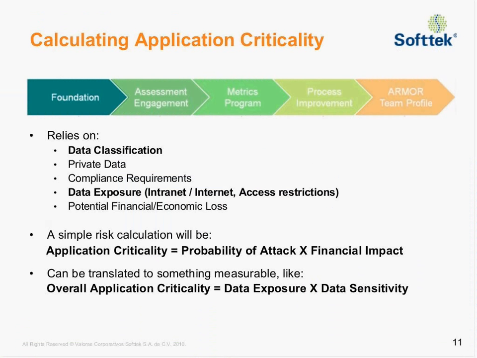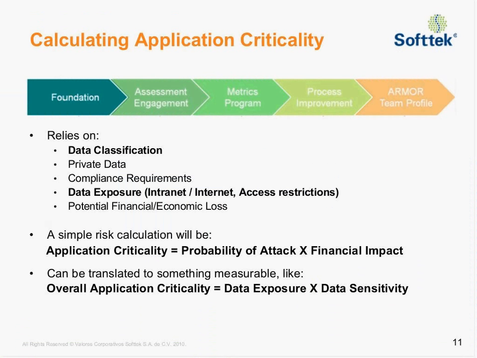A simple way to calculate those criticalities is by using a risk formula, like criticality is equal to the probability of the attack times the financial impact. But unfortunately, the probability of an attack is very hard to identify, just as financial impact is also very hard to identify.